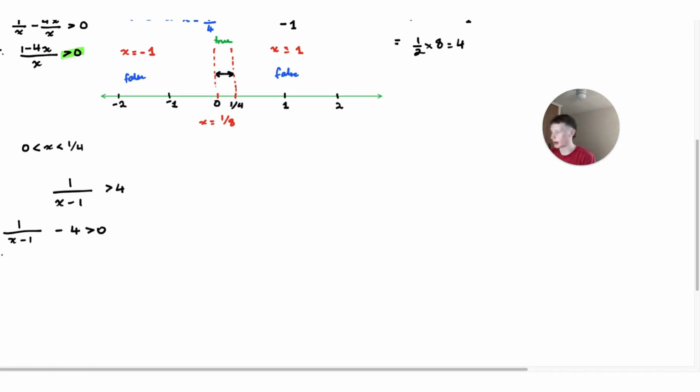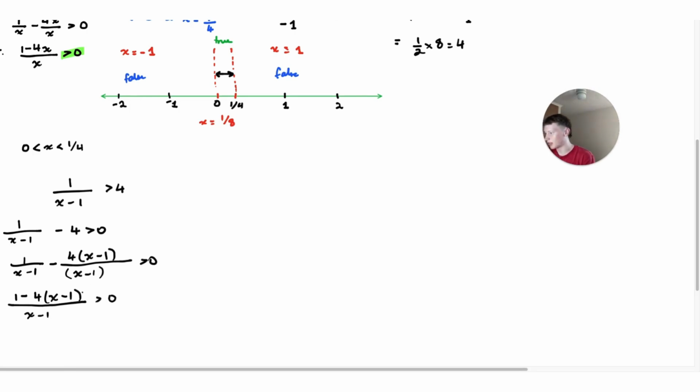Now we want a common denominator. So we multiply top and bottom by x minus 1. We can combine it now. So that's 1 minus 4 times x minus 1, over x minus 1.